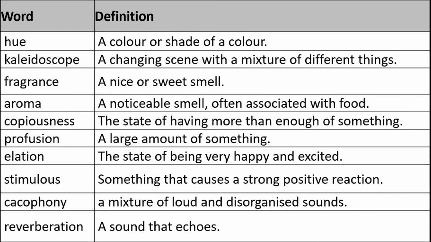We have fragrance and aroma, both of which can be used to describe smells. Copiousness and profusion, and they're both about describing a large number of something, having lots of things. Elation and stimulus, both about good feelings, happiness, excitement. And then those two words about sounds at the end, cacophony and reverberation.